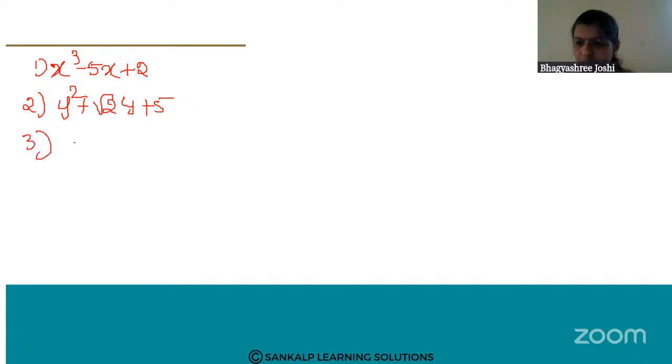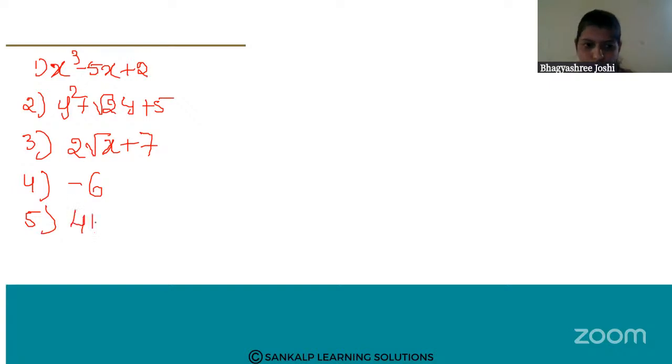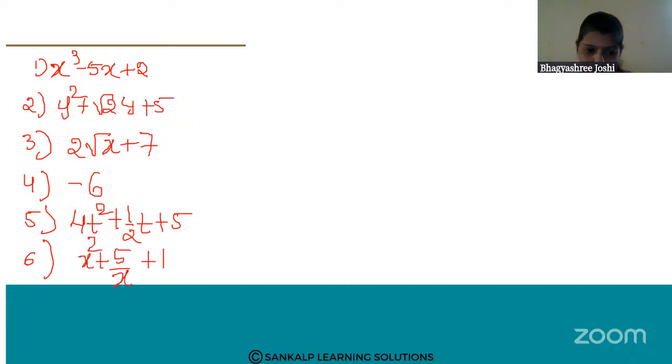Third one is 2 into root x plus 7. Fourth one is minus 6. Fifth one is 4t square plus half t plus 5. And sixth one is x square plus 5 divided by x plus 1.